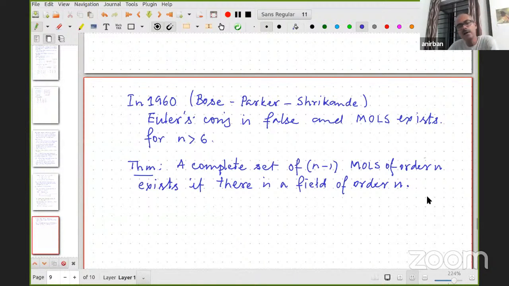So if there exists a field of order n, then you have a complete set of n minus 1 mutually orthogonal Latin squares.